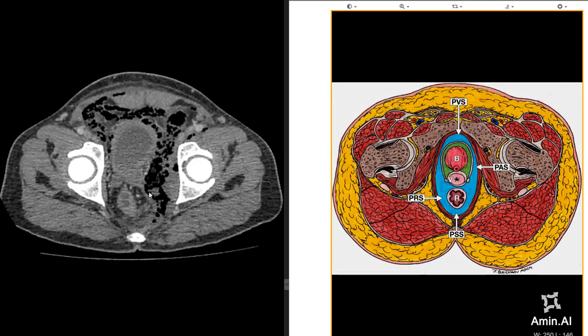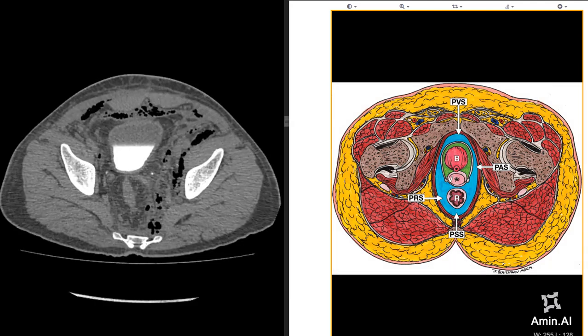So if I just follow these spaces in blue, there is the prevesical space at the anterior aspect, and then there is the paravesical space along the left side and the right side as well, but you can see more prominently along this image where the air is tracking. And then there are the presacral and perirectal spaces which are also in continuity with this space.